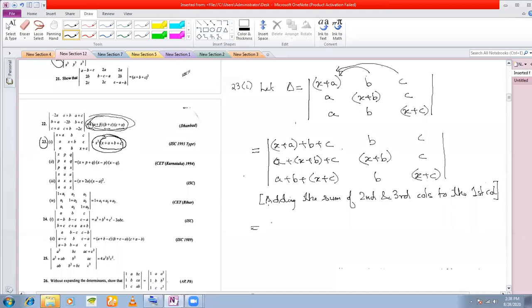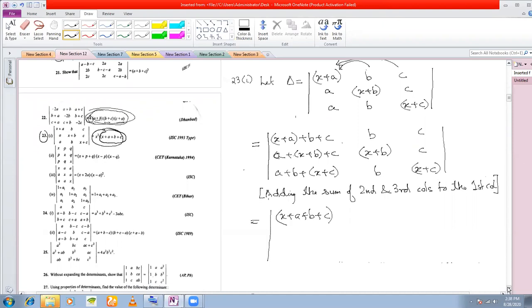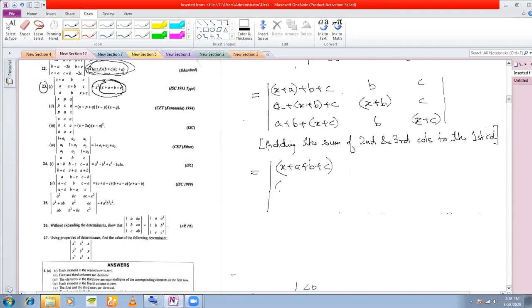So you're getting x plus a plus b plus c in the first column. Now we will take x plus a plus b plus c common.